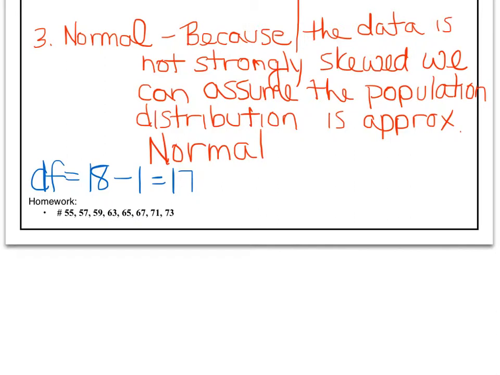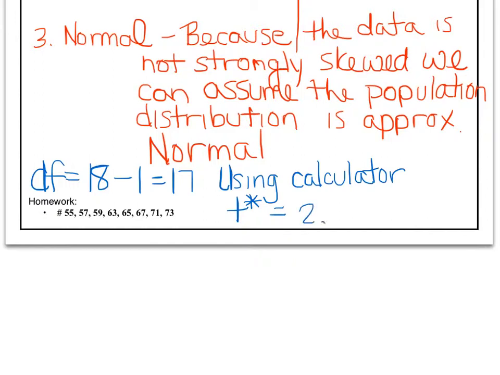And then I'm going to say using the calculator, T star is equal to 2.898.